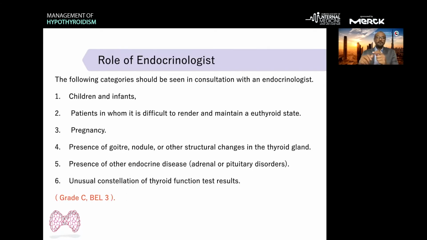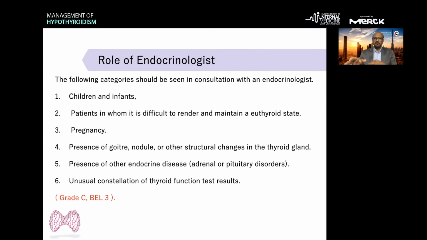Pregnant ladies, if there are nodules in association with the hypothyroidism, or if there are any other issues associated with hypothyroidism. Here, we know that if a patient has hypopituitarism, they will also have central hypothyroidism. Patients with Addison disease might have autoimmune Hashimoto thyroiditis.